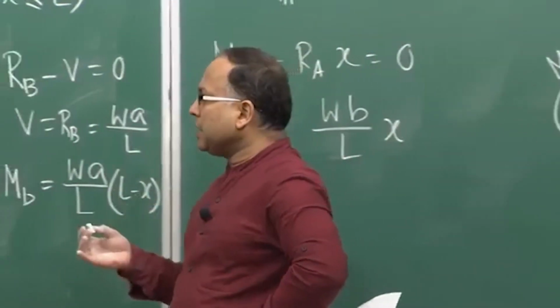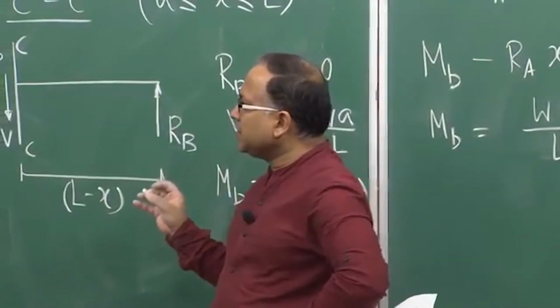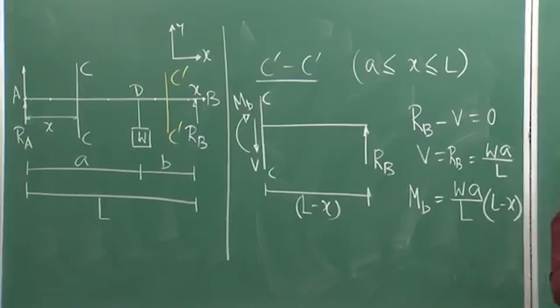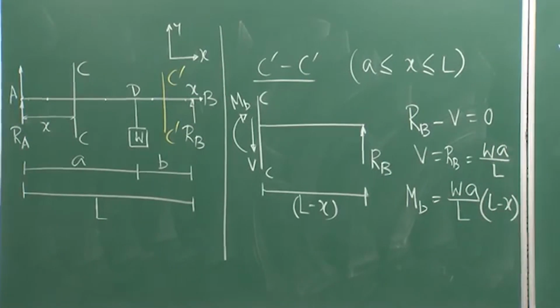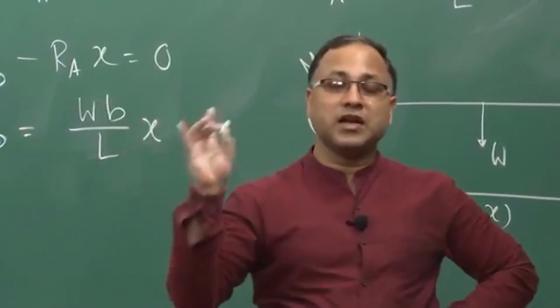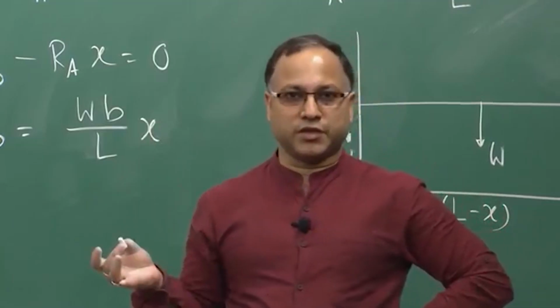So, as an analysis engineer, you have to provide this bending moment and shear force diagram, and based on that the design engineer will decide where the bending moment is maximum, where the shear force is maximum, and based on that they will try to design the section.